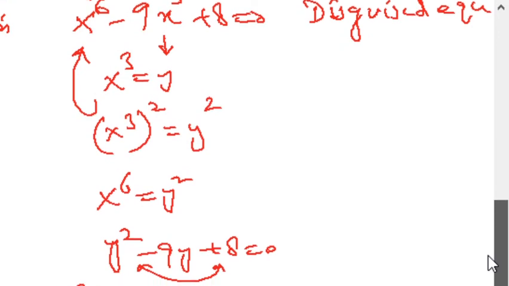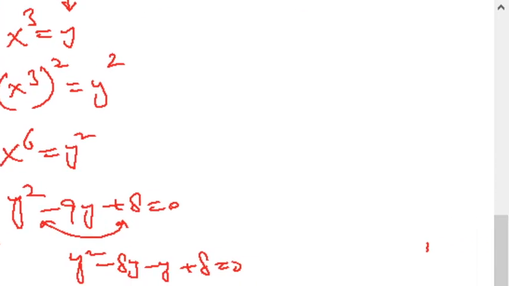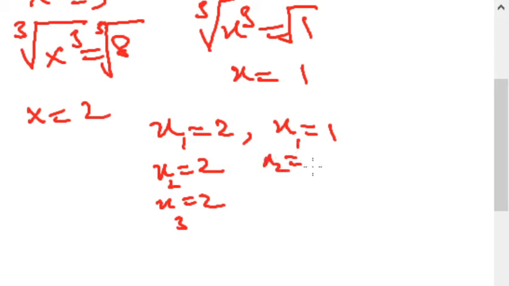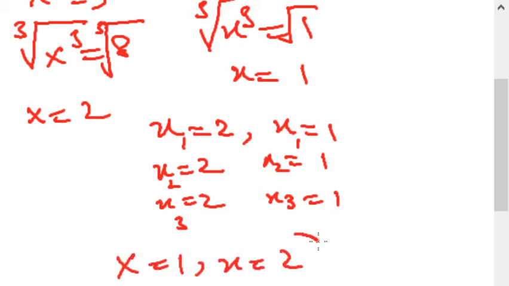X power 6 means we will be having 6 solutions, and we got 2 equations here. Look at x cube equal to 8. It means x1 is equal to 2, x2 is equal to 2, x3 is equal to 2. And for 1, x1, x2, x3 are equal to 1. But if you write x is equal to 1 and x is equal to 2, it's also fine.